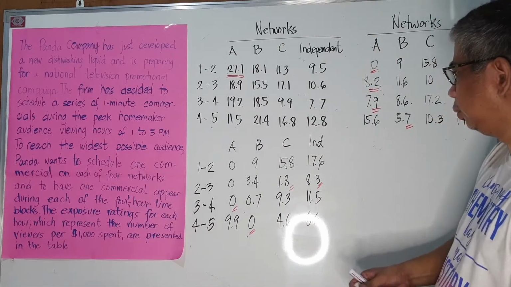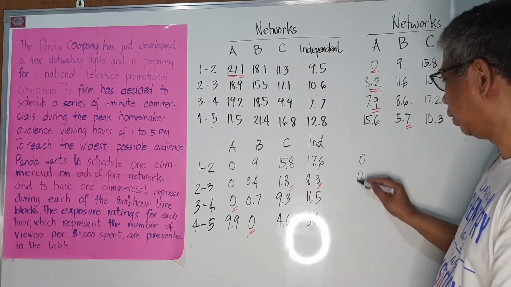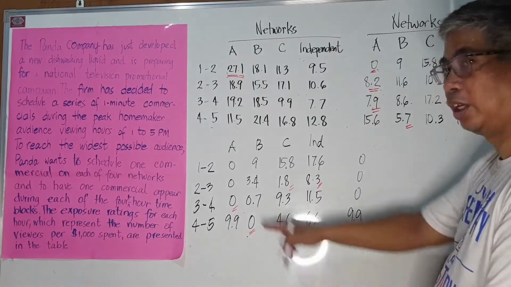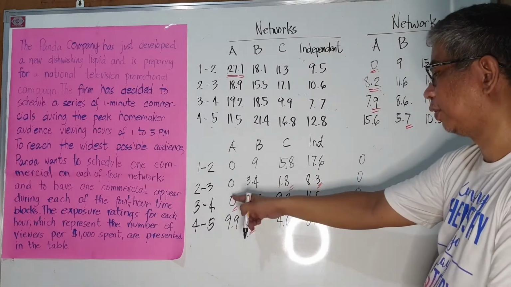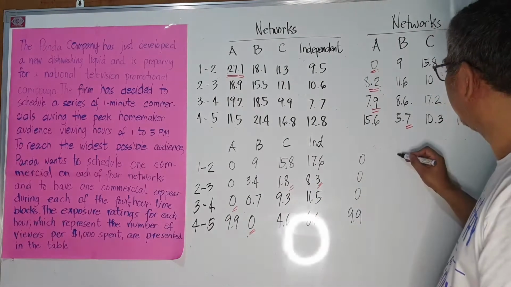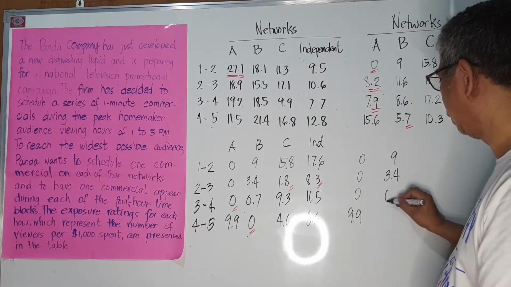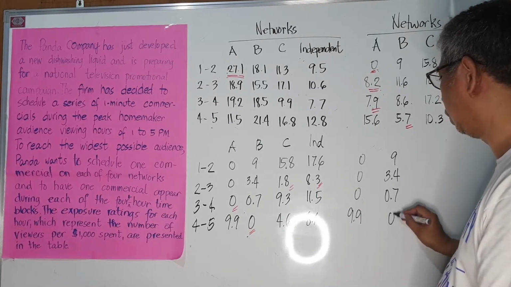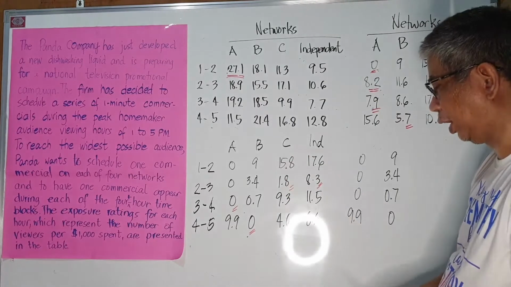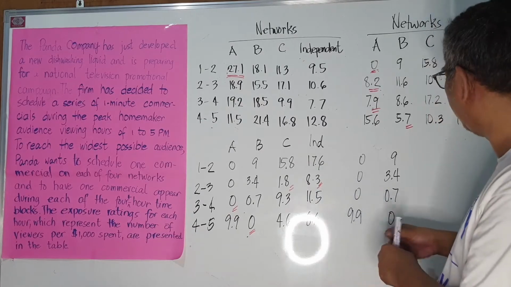So that becomes 0, 0, 0, 9.9 as before. So there is no change because 9.9 minus 0. Right? So here also no change. Okay? Here, there is a change. 15.8 minus 1.8 is 14.